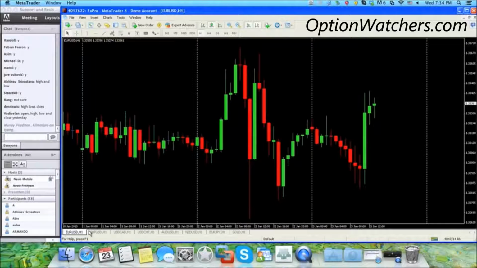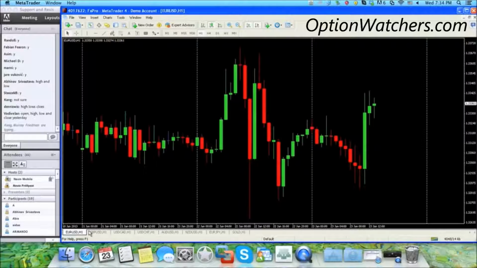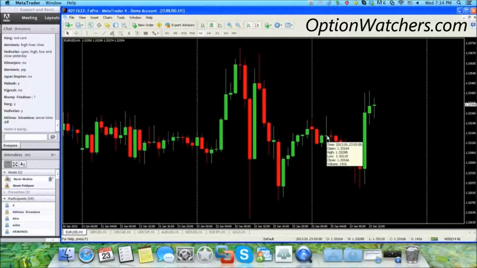Now, here's the thing. How many of you have the exact same screens in terms of your charts? Exactly pip to pip? Chances are almost nobody in this room has the same charts. Yes, the movements are the same, but it's not the same chart.